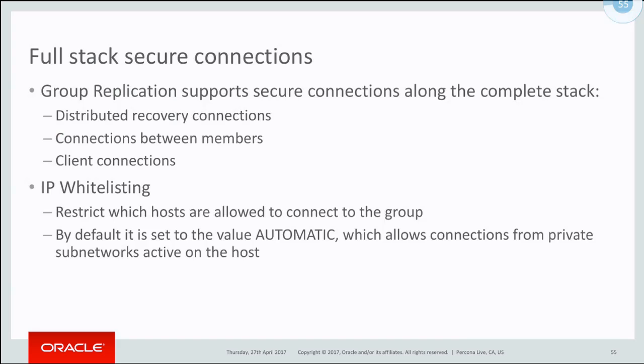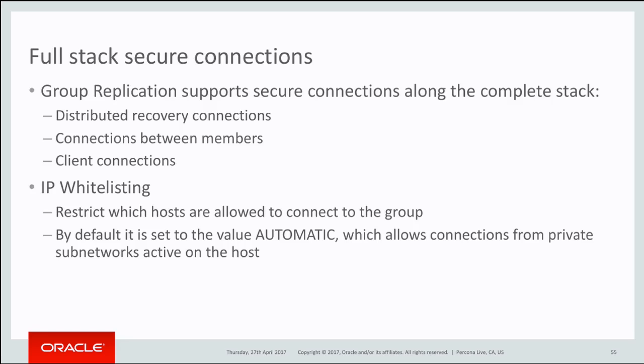And then, the usual question: is this secure? Yes. We have full-stack secure connections. We have encrypted connections during the distributed recovery connection. We have encryption between each member on the Paxos layer, and we also have encryption on the client connections. On top of that, we also have IP whitelisting, so we can restrict which hosts can connect to each member.